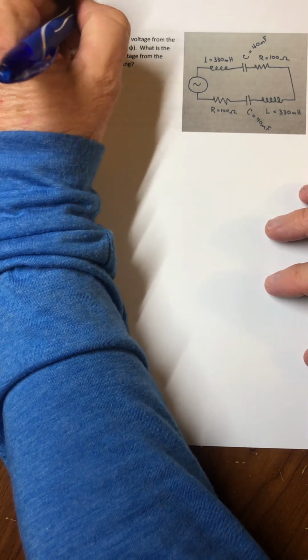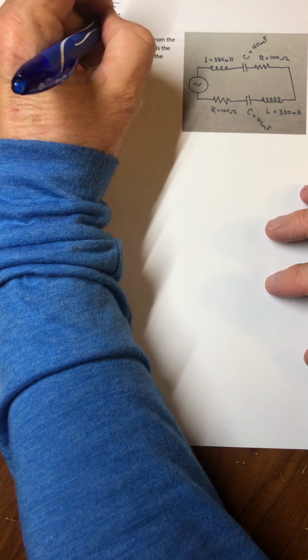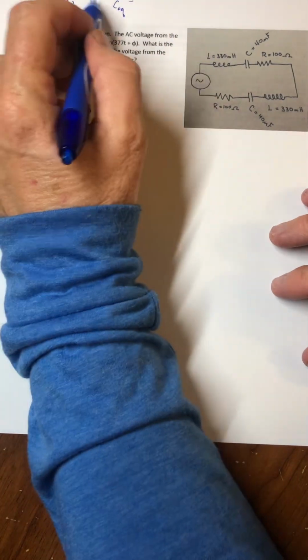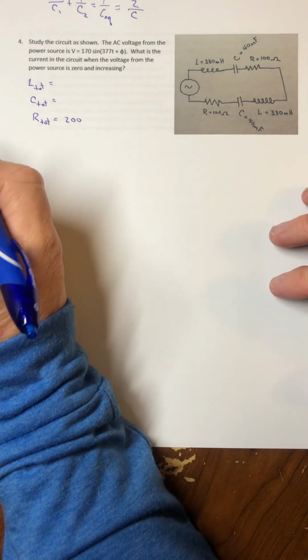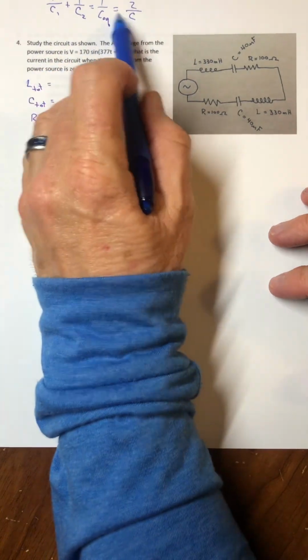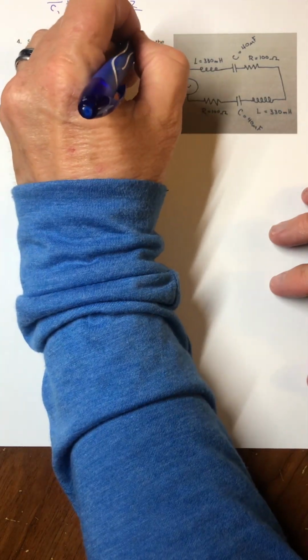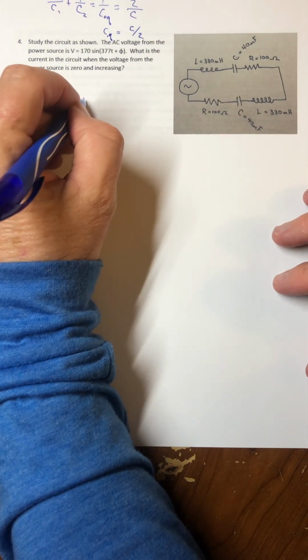You'd go 1 over C1 plus 1 over C2 equals 1 over the equivalent. But in our case, C1 and C2 are the same. So I could just call it C, add the fractions to get 2 over C, and then take the reciprocal. So the equivalent would be the C cut in half. So it looks like these two are 40 microfarads.